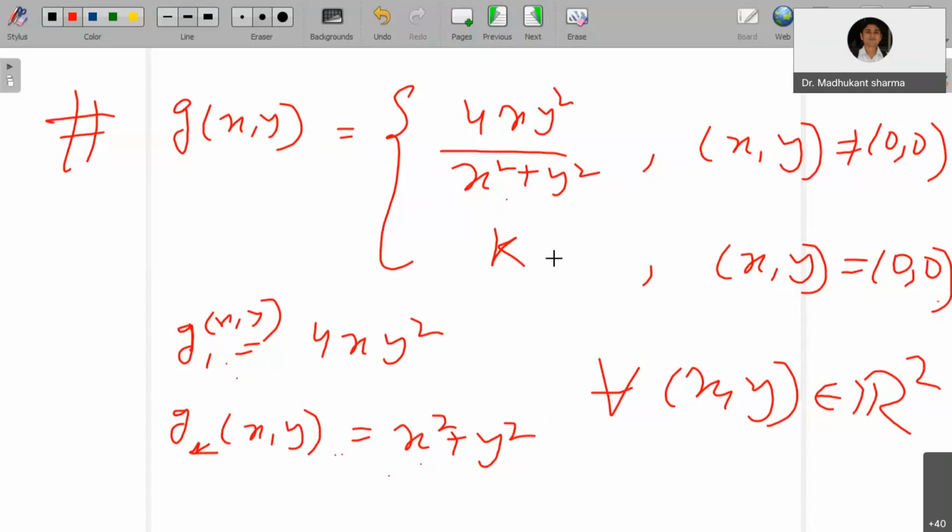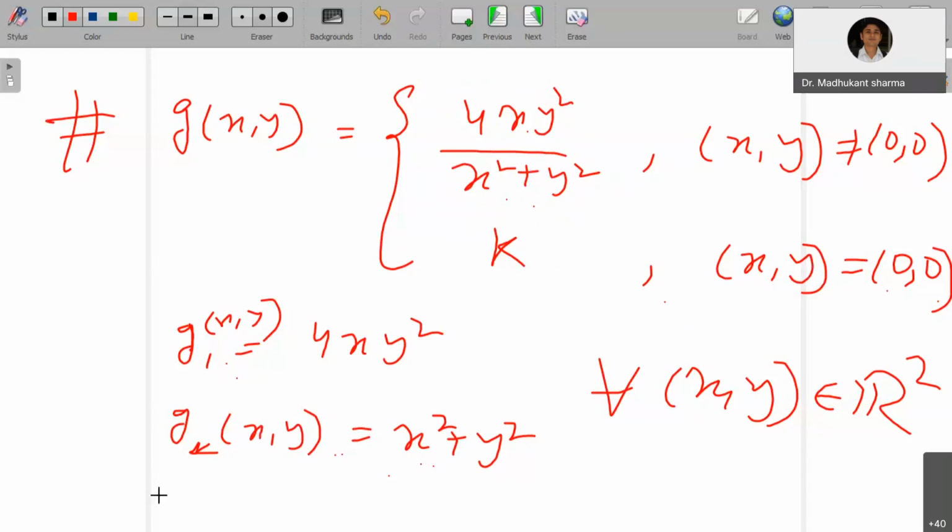This is a rational function where the numerator is continuous and the denominator is continuous, so it will also be continuous, provided the denominator does not vanish. If there were multiple such points, you would have to check continuity at those points. Elsewhere the function is continuous by the algebraic rules of continuity. So now you need to check only the point (0, 0).